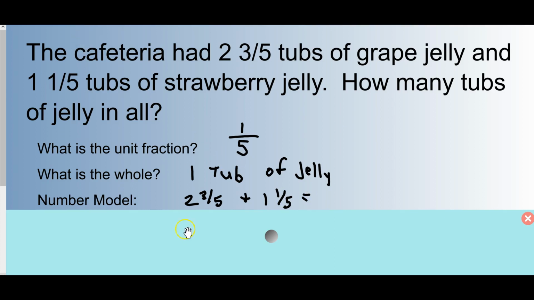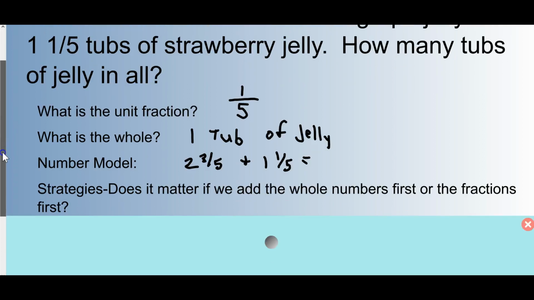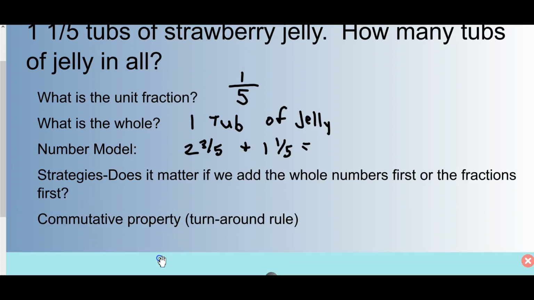Now, does it matter if I add my whole numbers first and then the fractions, or add the fractions first and then the whole numbers? Well, it doesn't matter because of the commutative property of addition. That's our turnaround rule.